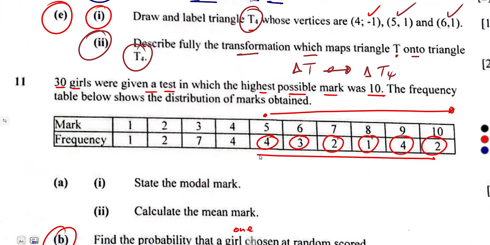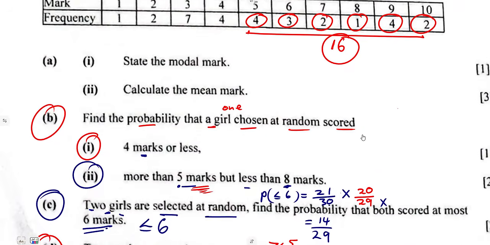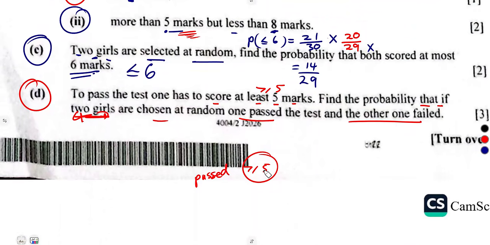That was going to give us a total of 16. So these ones passed the test, 16. Since we are also talking about those who failed, how many out of the 30? Remember, there are 30 girls. 30 minus 16, which is 14. So 14 failed.